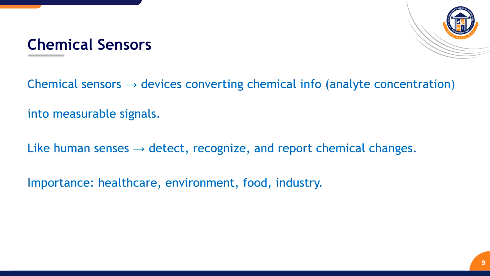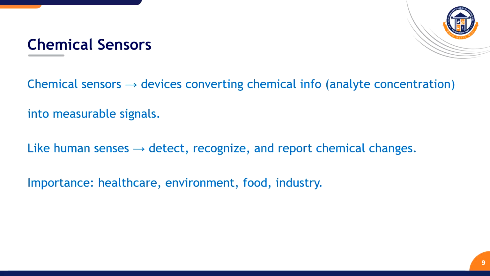Now we move to chemical sensors. The chemical sensor is a device converting chemical information, that is analyte concentration, into measurable signals. Here you see, if the concentration of the solution is changed, we can get the signal according to that.